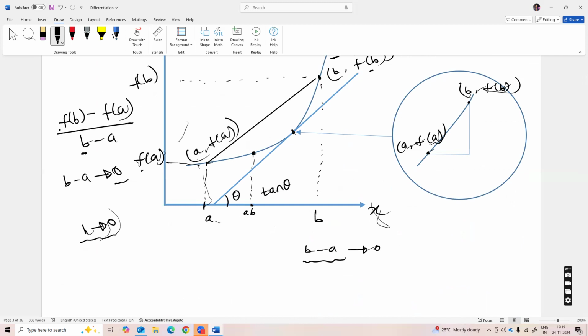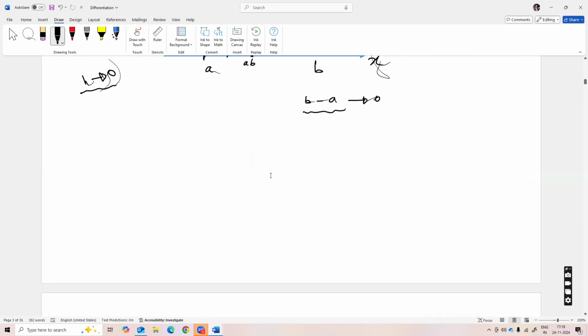Here, since this is in the x y direction, this distance is dy, or df of x, the change in f of x, and this distance is dx, the difference in the x direction. So the slope of this tangent, which is equal to tan theta, as you have studied in school, is equal to df of x by dx.